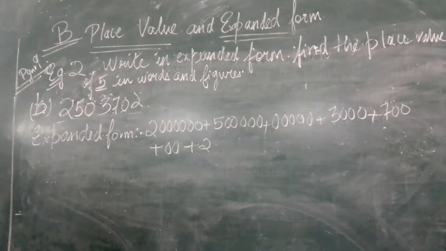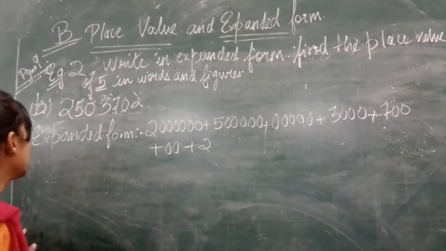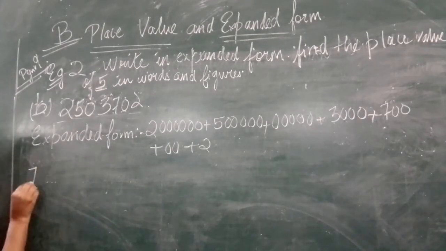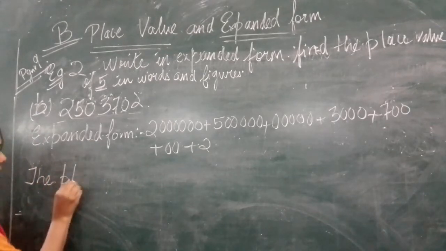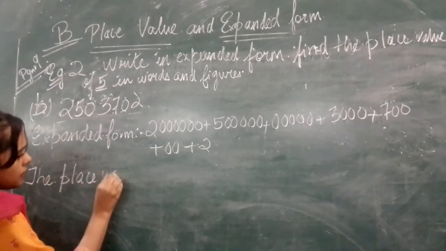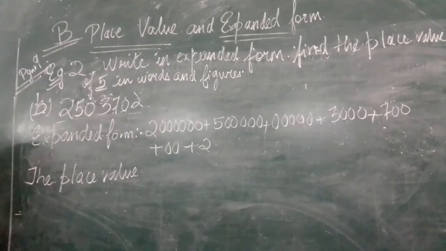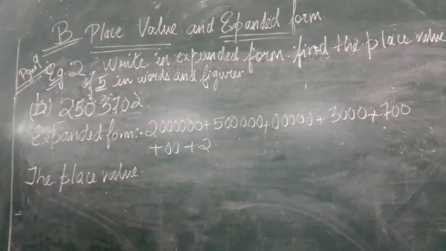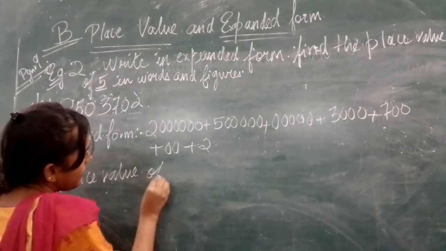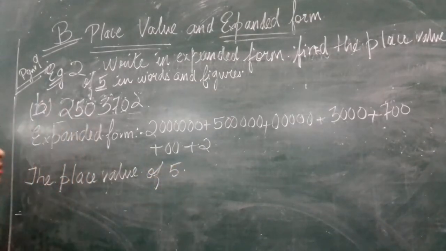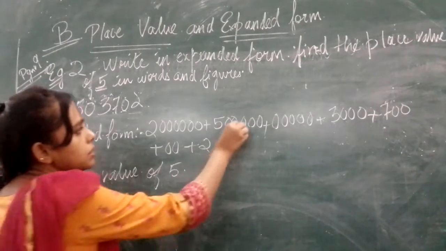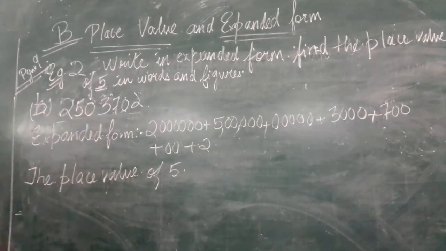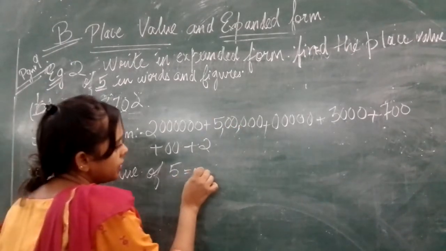After that, what will you do? You will find the place value of 5. Now, here is the 5. Put up commas, you know it is 5 lakh. So what will you write?